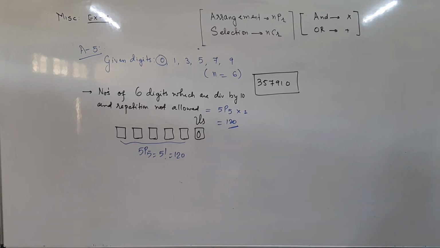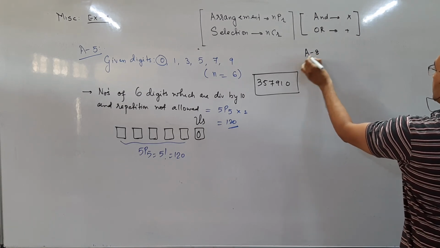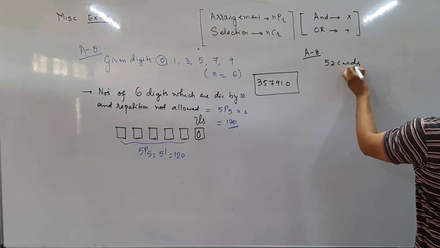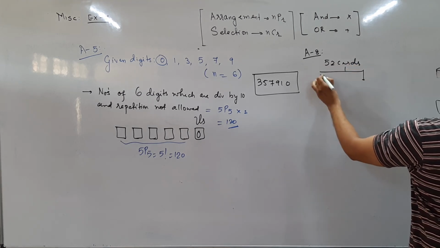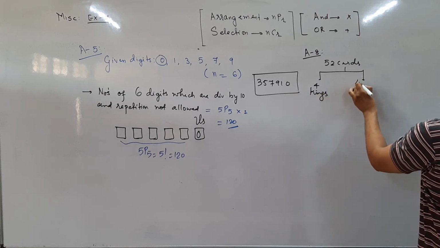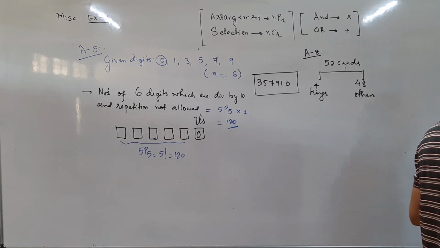Now this is a very simple sum, so I am doing answer 8. From a pack of 52 cards, I bifurcate as 4 kings and 48 others.